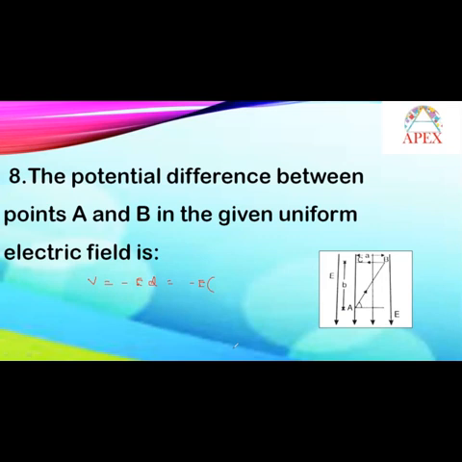What is the distance along the electric field they are asking? Along the electric field only the distance should be calculated. We should not take the distance from A to B or B to A. We have to take the distance along the electric field, in the sense it is AC. So what is the distance AC here? That is b only. So that will be minus E into b.